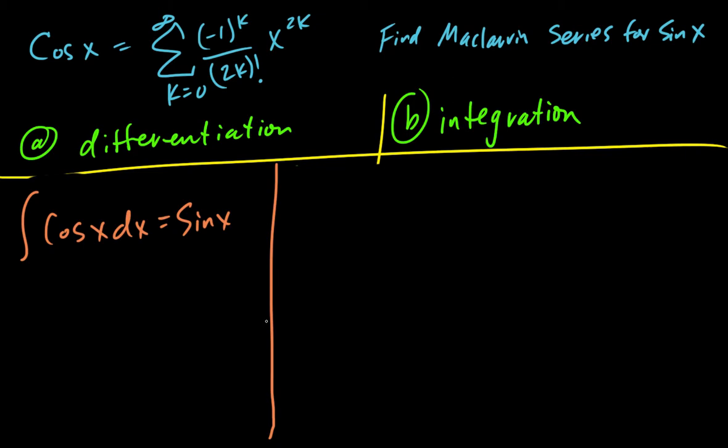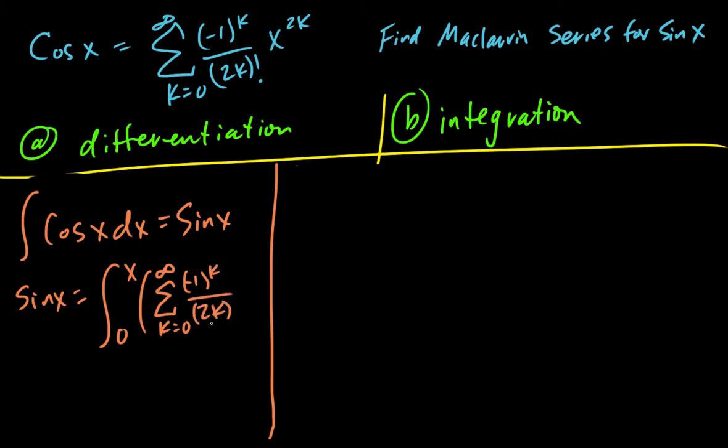Your book goes through some other stuff that I don't think is necessary. Okay, so we have sine of x, and if we do that from 0 to x, and then we just plug in this thing. Let's get rid of this.